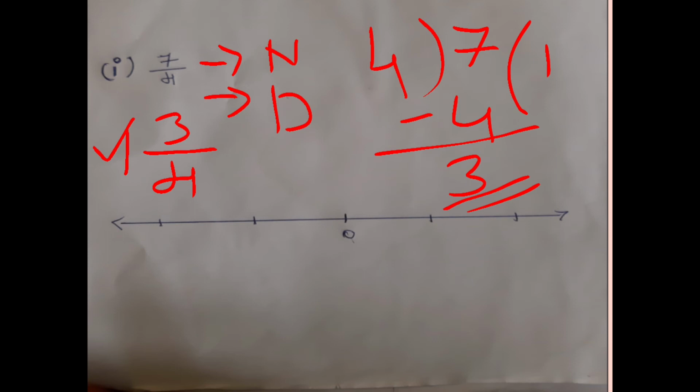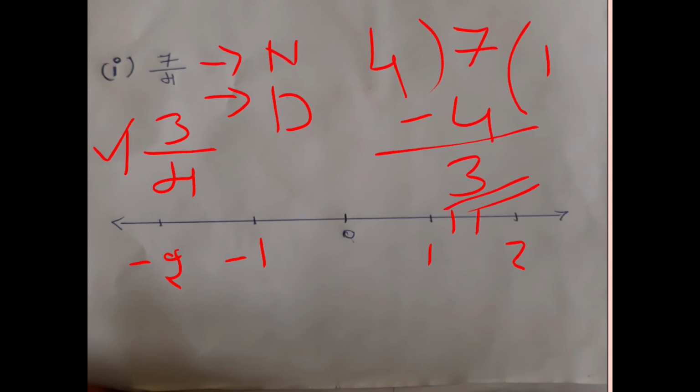Now on the number line, I have already marked 0. Next I will mark 1. I will mark 2. Okay, negative numbers we don't want, but still I mark 2 lines, because there I am going to write the negative numbers. Now after 1 your denominator is 4. After 1 you make 4 equal parts.